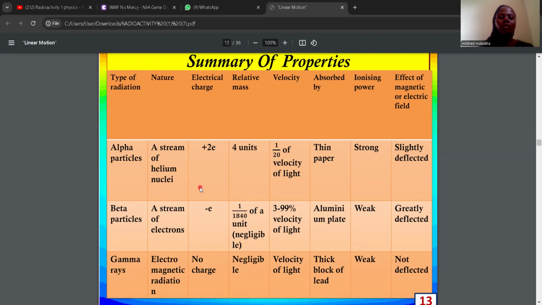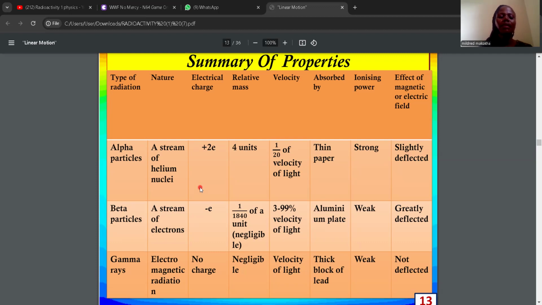And then the beta particles, this is a stream of electrons that have a negative charge, of course. The mass is almost negligible. The velocity at which they move is relatively higher than that one of the alpha particles, but less than the one for gamma rays. It can be absorbed by an aluminium plate. Ionization power weak, and they are greatly deflected.